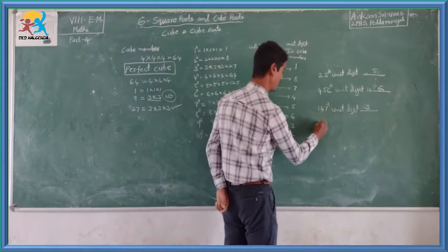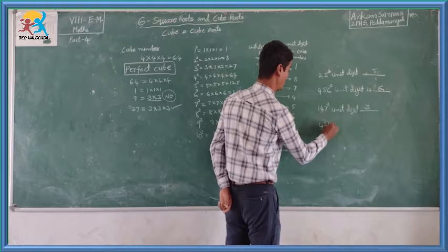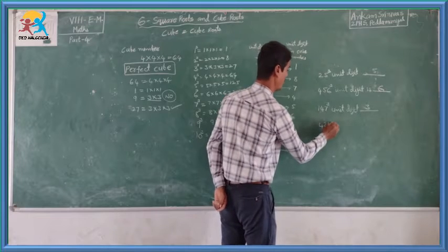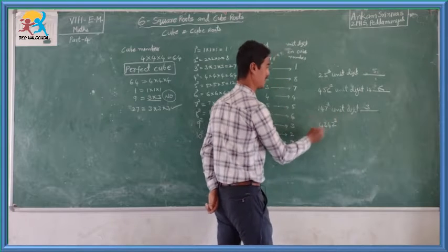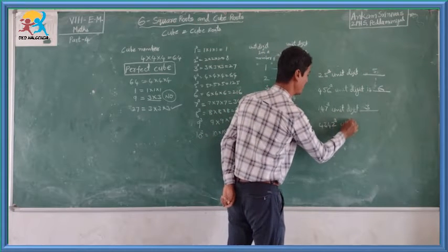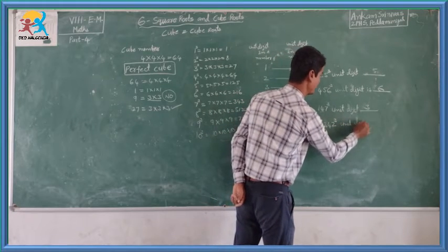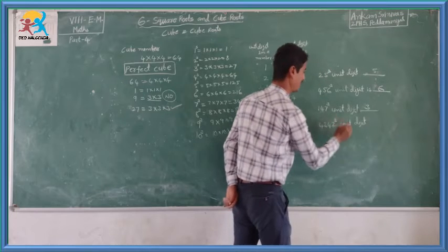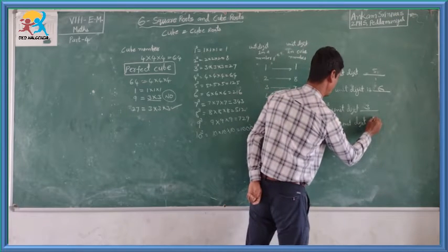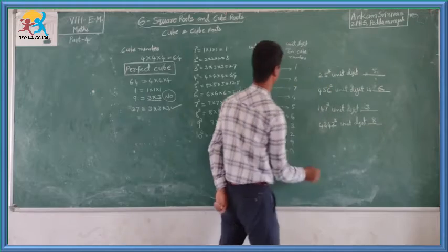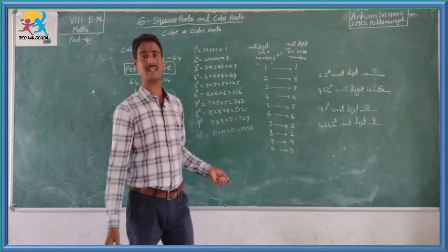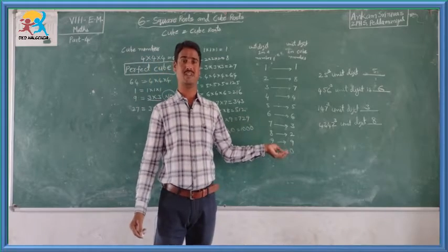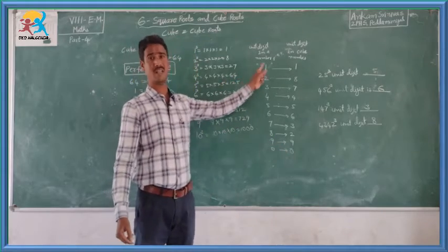Suppose 4342 whole cube. What is the unit digit of this number? 2 becomes 8. So we can estimate the unit digit of a perfect cube.